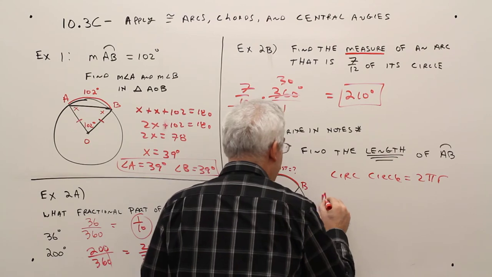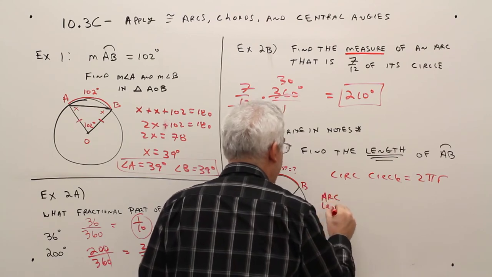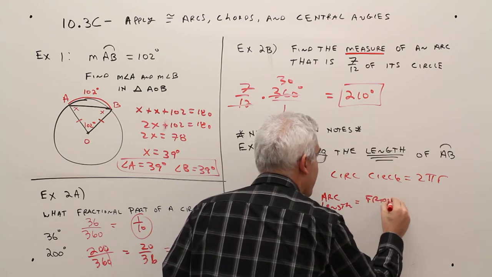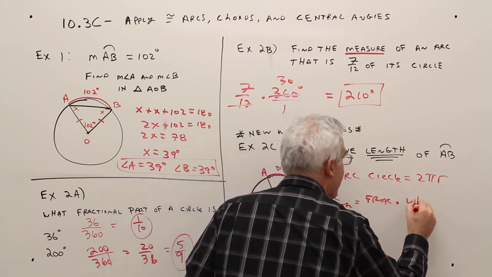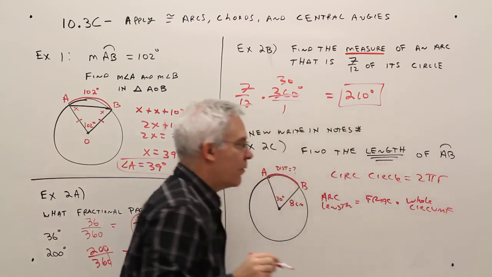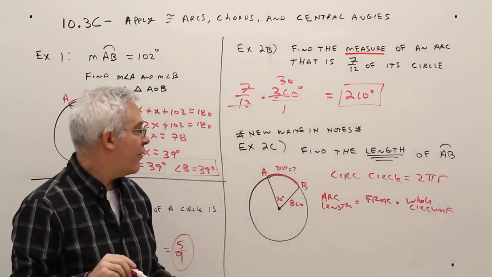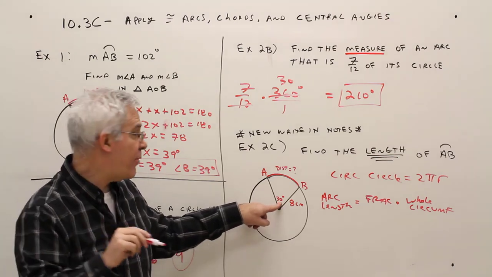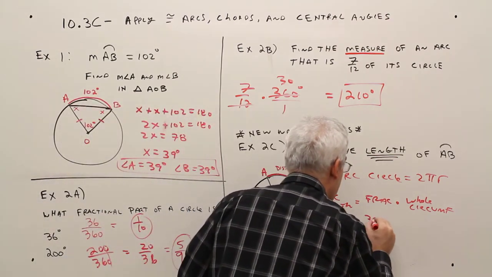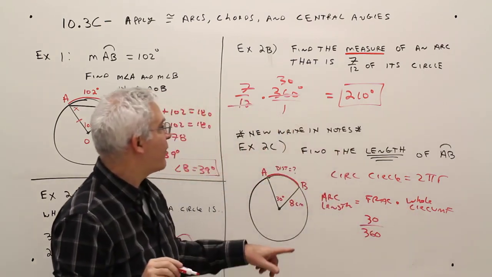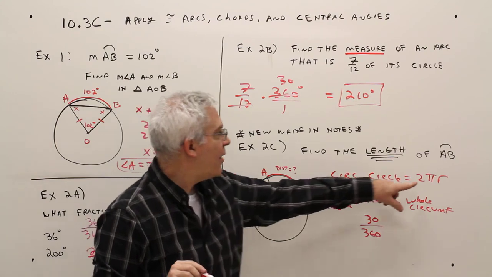So the arc length will equal the fraction times the whole circumference. The fraction is going to be 30 degrees over 360, and the whole circumference is going to be 2 pi r.